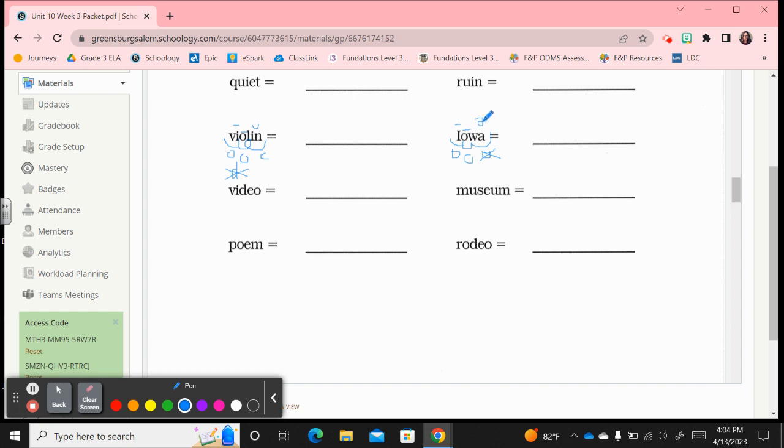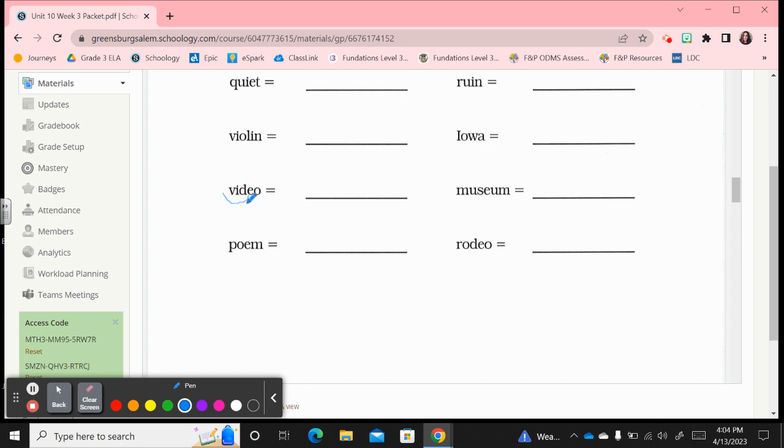So either way, I'm going to mark it like that and mark the A as making that schwa sound, Iowa. In between the I and the O, you think that's a double vowel together, but it's not. So you're going to put double vowel exception. Okay, and again, we're going to clear that and move on to the next one.